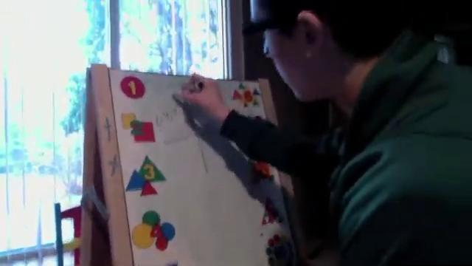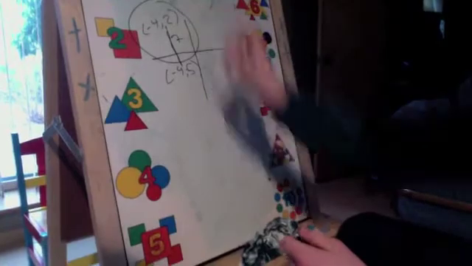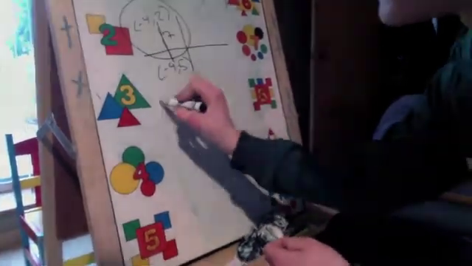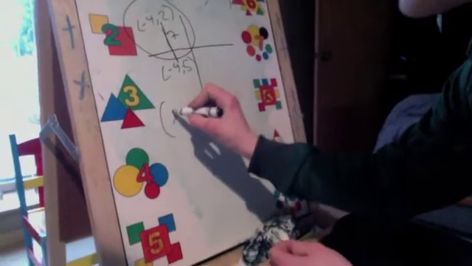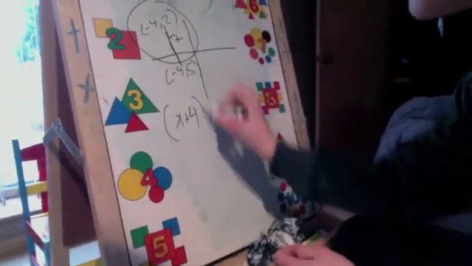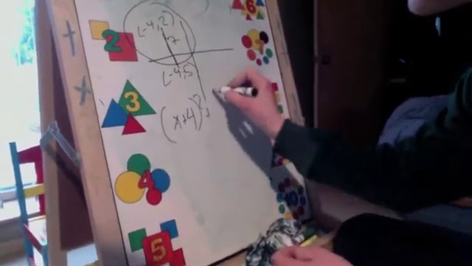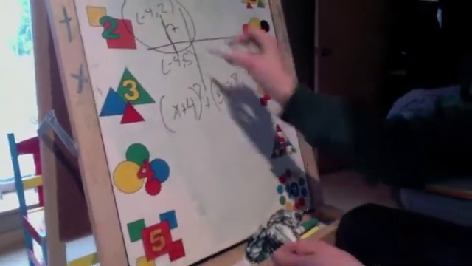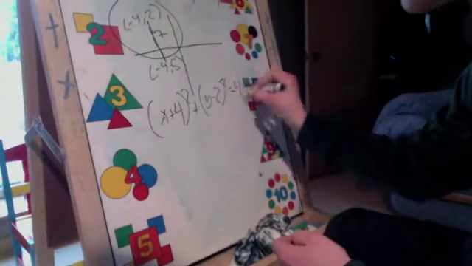And using the distance formula and logic, we know that the radius of the circle will be 7. And since we know the center, the equation is going to be x plus 4 squared plus y minus 2 squared equals 7 squared, or 49.